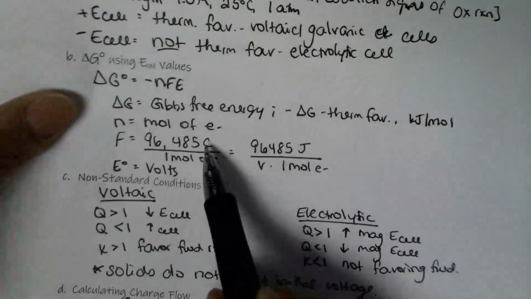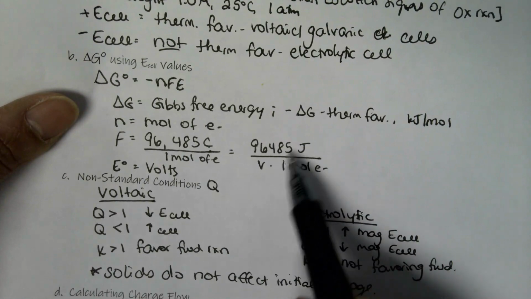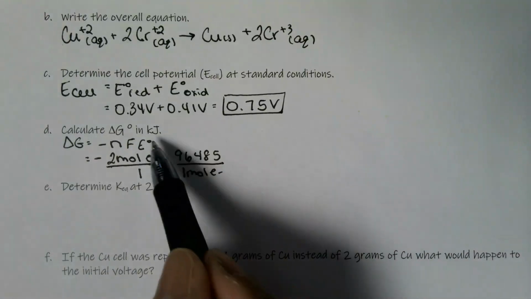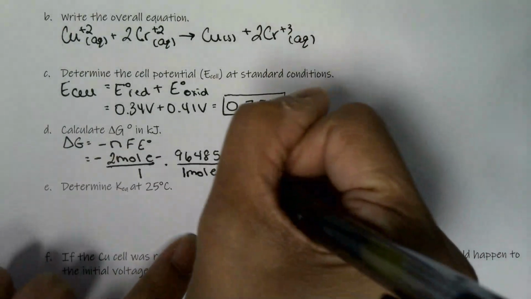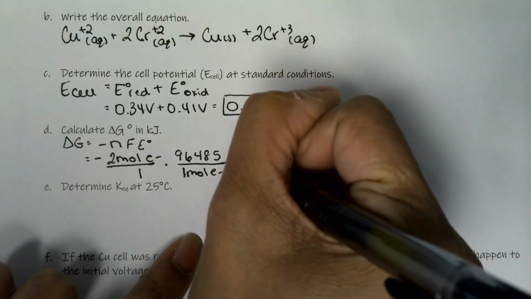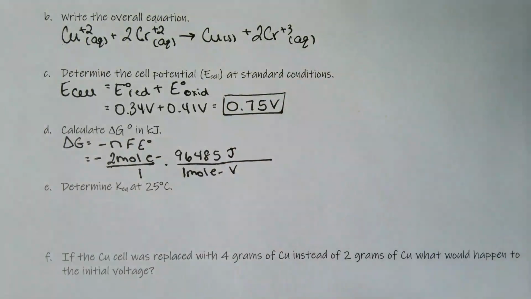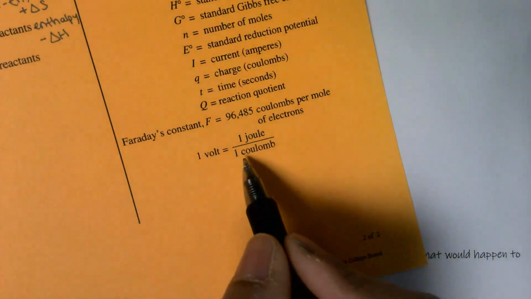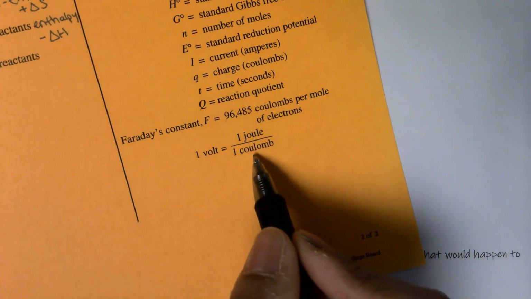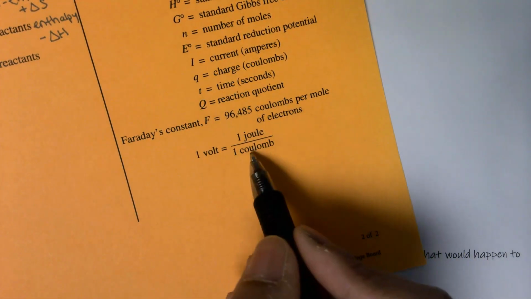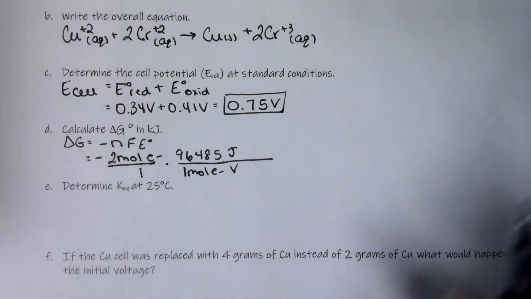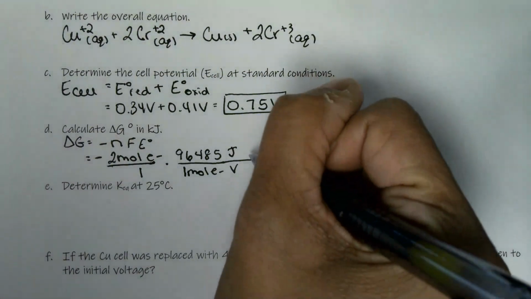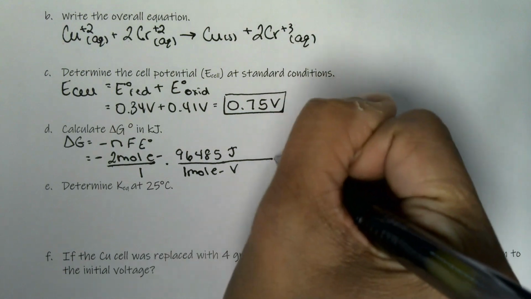So instead of just putting the coulombs, I'm going to put in joules over volts because I know I need to eventually cancel out volts right over here. So again, this is joules over volts. And to recall, I took that from right over here. I knew that coulombs was Faraday's constant on the top, but then I switched it so it was joules over volts. All right, cool.